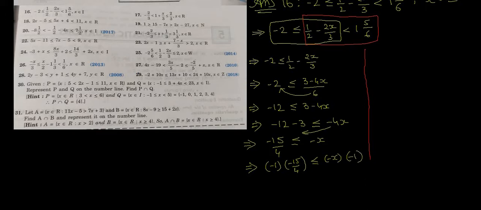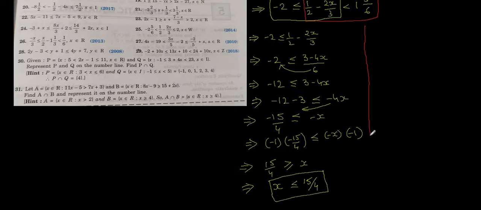Now, as you know the rule, when you multiply both the sides by a negative number then the sign changes. So here 15/4 becomes greater than or equal to x. Because 15/4 is greater than x, that means x is smaller than or equal to 15 by 4. So this is my equation.